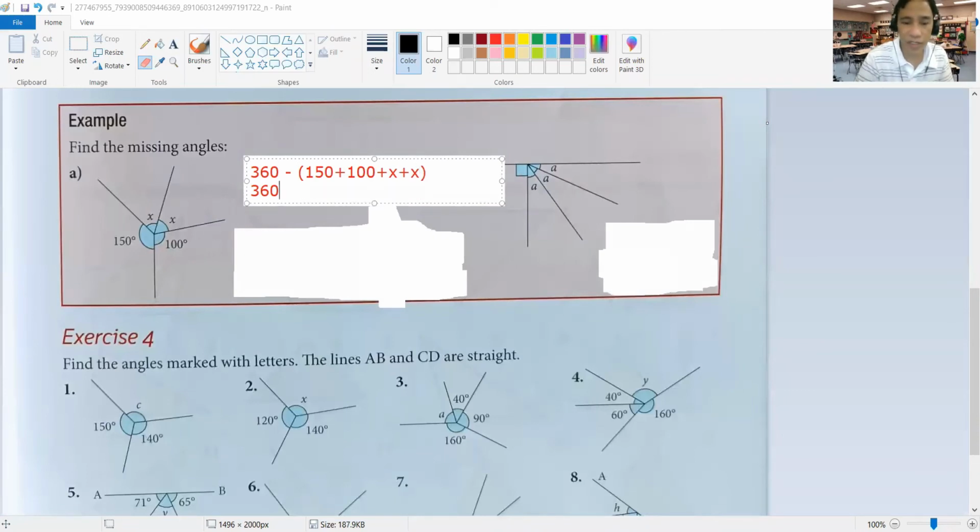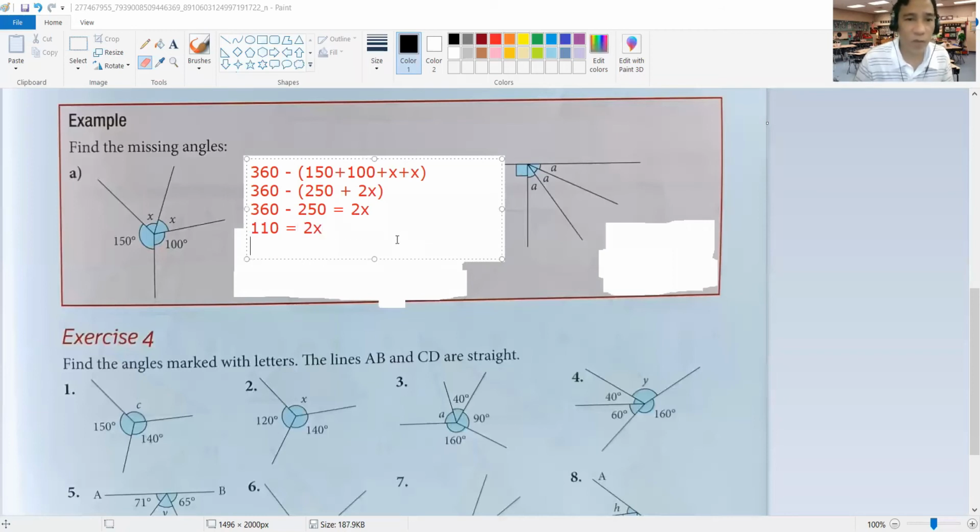So you have 360 degrees minus 150 plus 100, which is 250 degrees, plus how many x? You have two x's, right? To simplify, you have 360 minus 250 equals 2x. Since we are looking for 2x, 360 minus 250 is 110 degrees, which is equal to 2x.